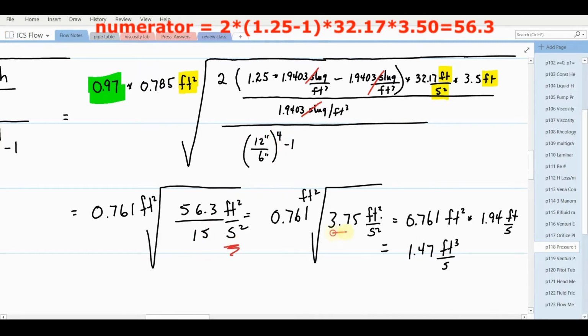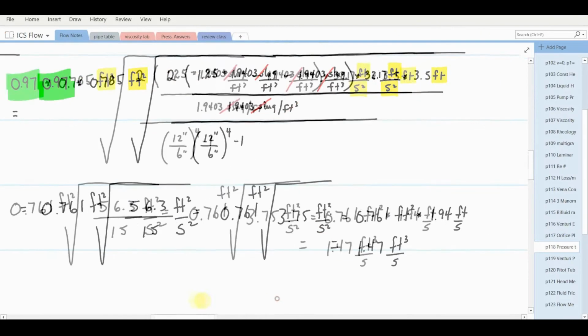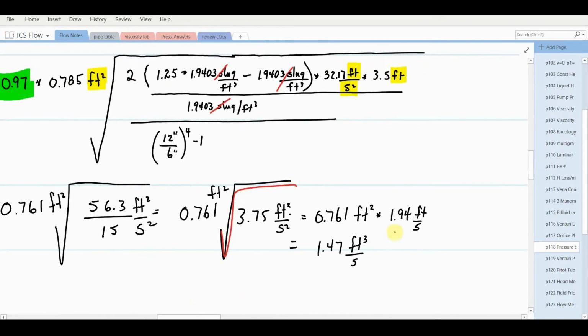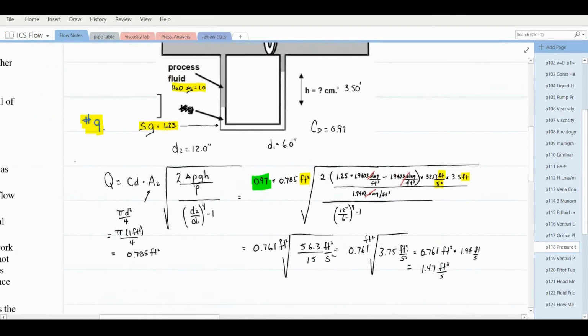That gives us 3.75 feet squared over second squared, the root of which is 1.94 feet per second, multiplied by the coefficient of discharge, 0.761, gives us a flow rate of 1.47 cubic feet per second. Rather tedious, but not particularly difficult.